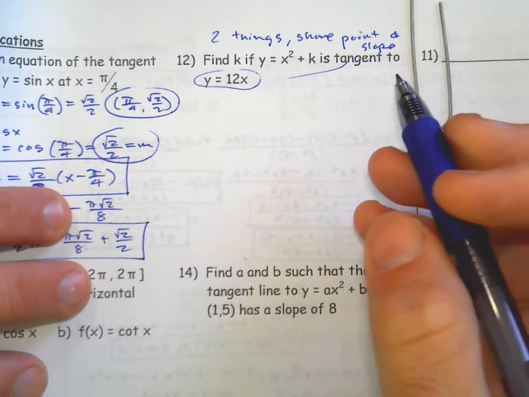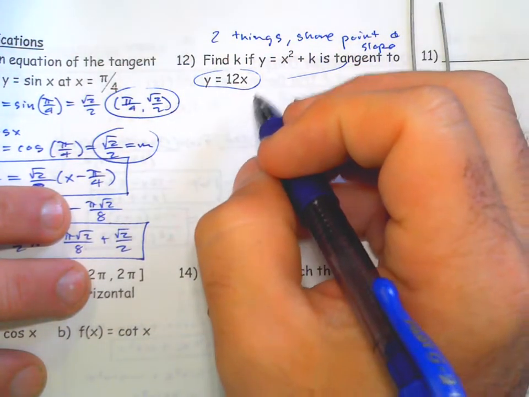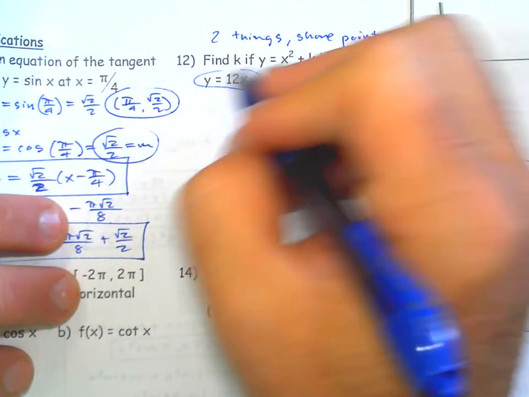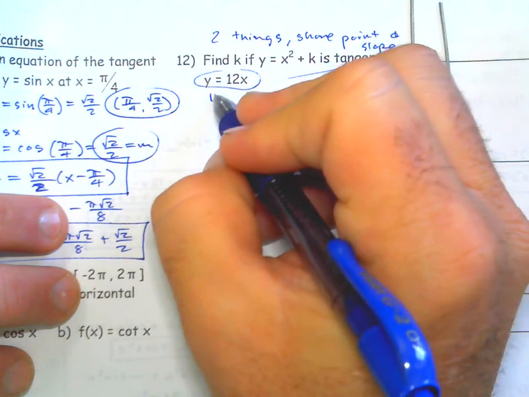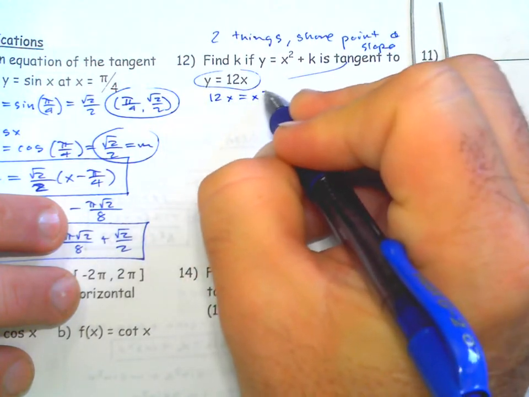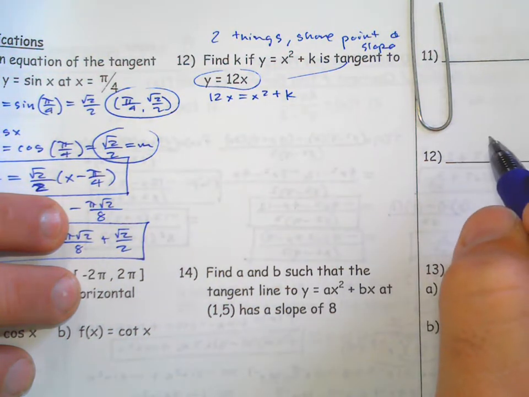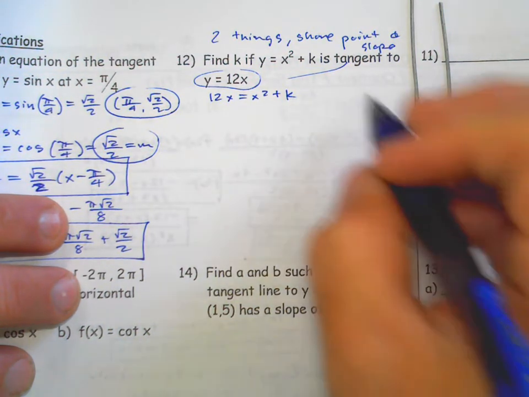So the point they're sharing, they'd have the same y value, the same x value, so then we could use a system of equations, substitution, and plug this in, okay? But we have another unknown, so then we could do slope.